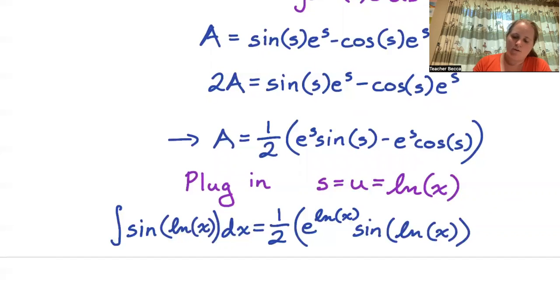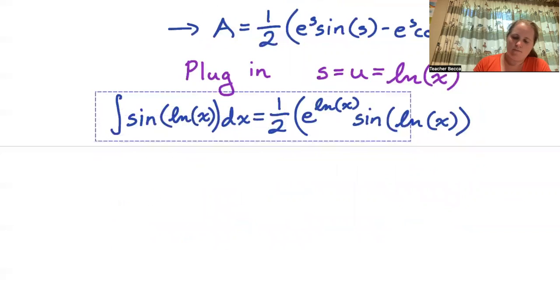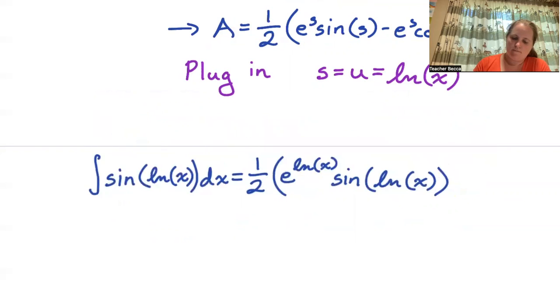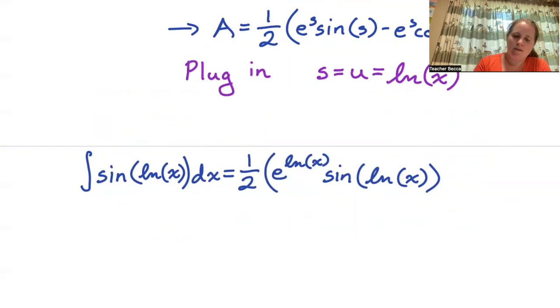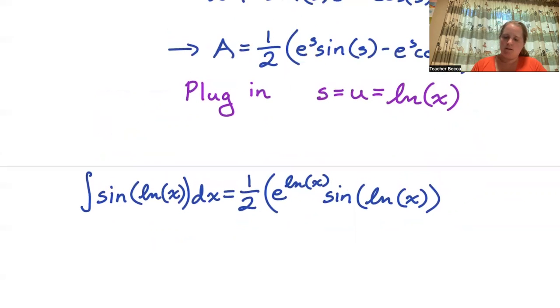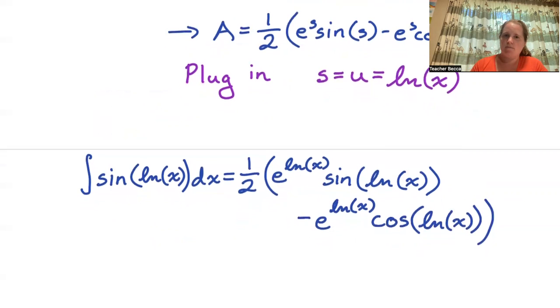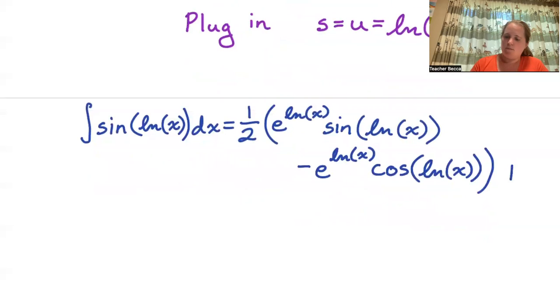Let me shift this whole thing down a row. There we go. Still being multiplied by 1/2, we then had minus e to the natural log of x, cosine of natural log of x. Then we have our plus c.